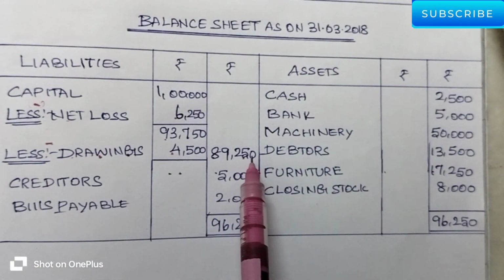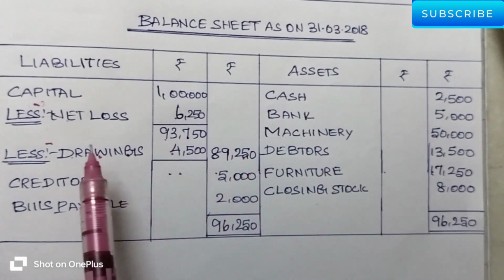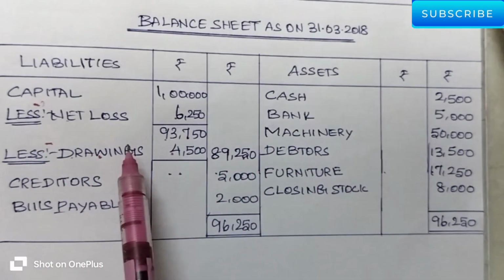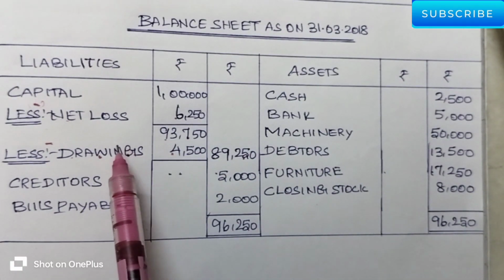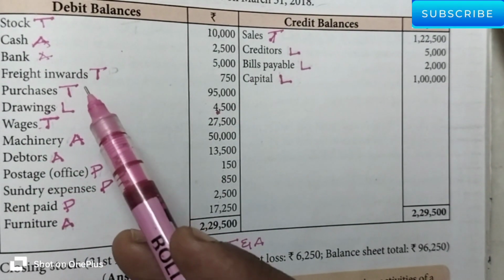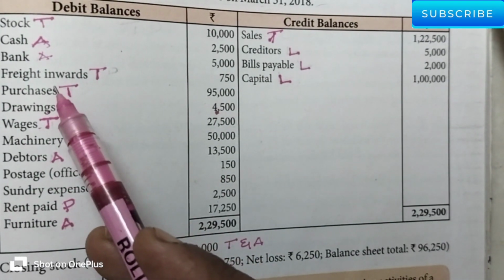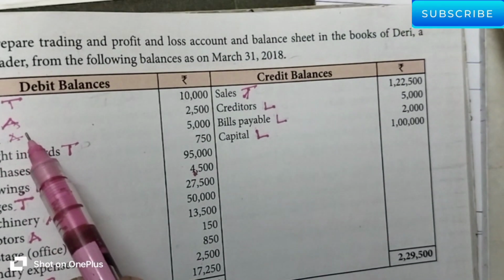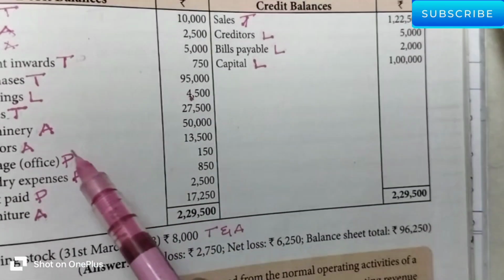Next, after finding the capital according to the given information, you will enter the items which are related to the balance sheet. For that you have to see only A, meaning asset, and L, meaning liability.